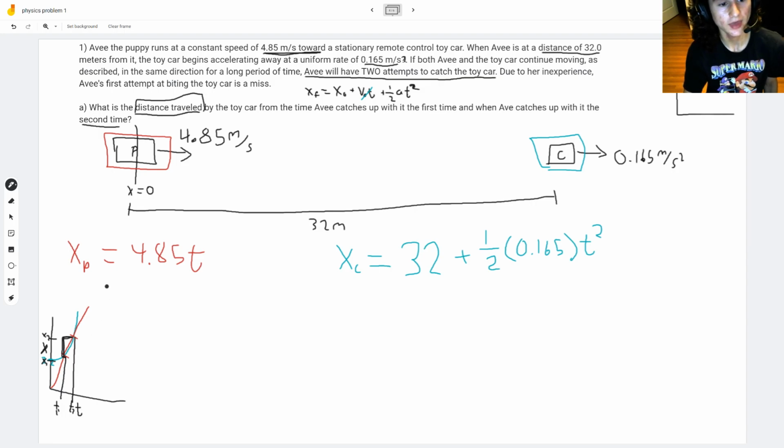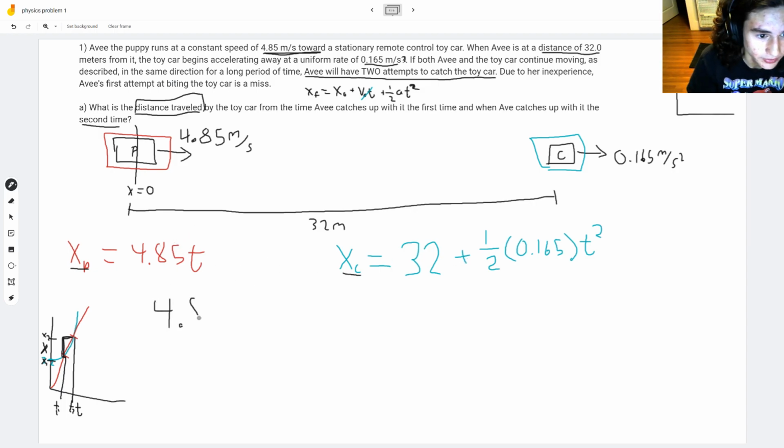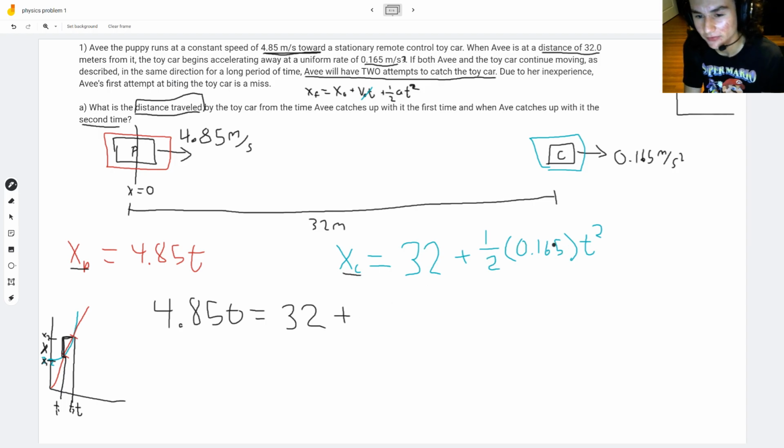So in order to do that, what I notice is that these are the 2 points where the x is the same. So if these are the same, that means these two things are equal to each other. So that's exactly what I'm going to do. I'm going to set them to be equal. So we have 4.85t equals 32 plus, I'm going to just take half of this to make it a little bit less confusing.